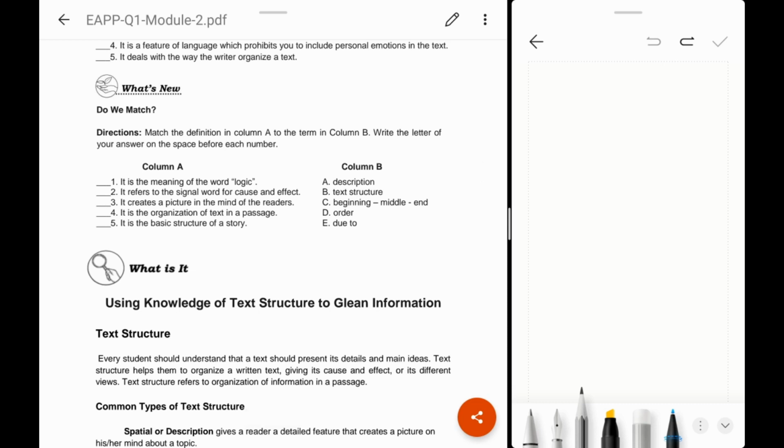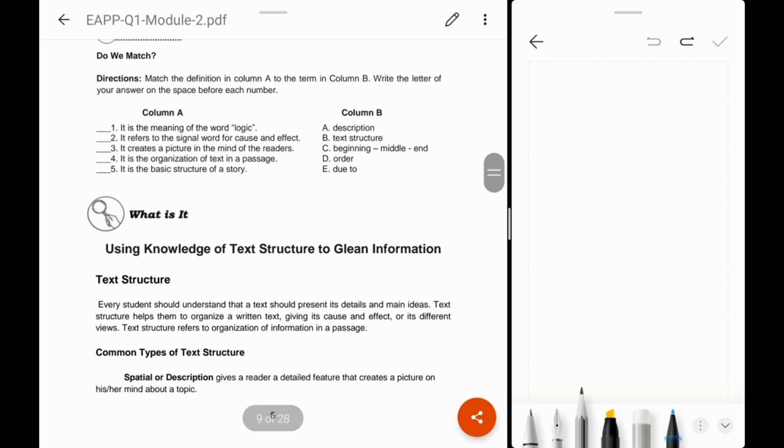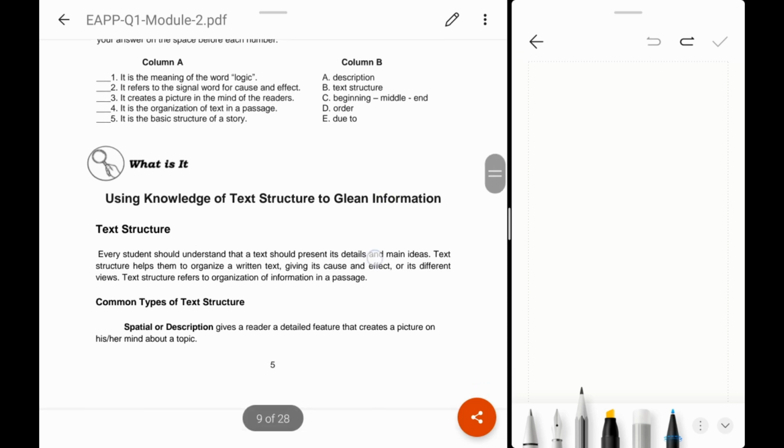So on the paper you were answering a while ago, kindly write 1 to 5 and then match the definition in column A to the terms in column B. Again, write only the letter of your answer. You may pause the video for more time in answering this test. Once you are done, guys, you may check your work again using our answer key at the back.